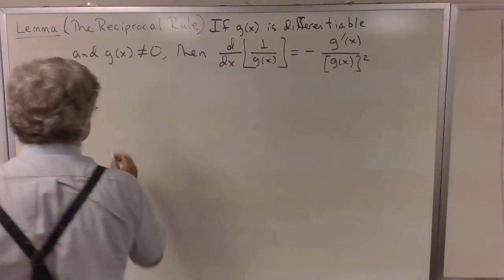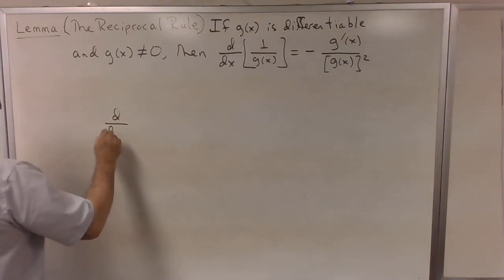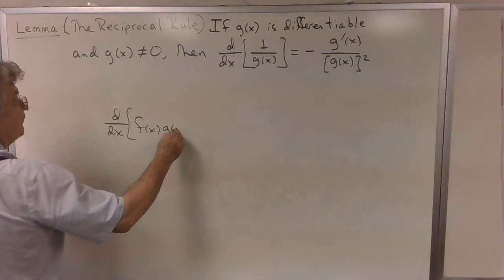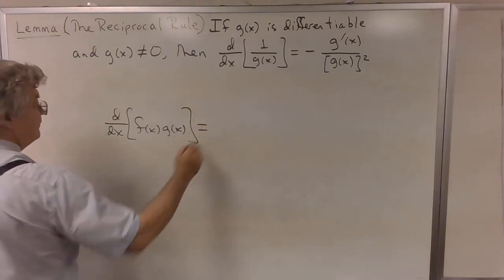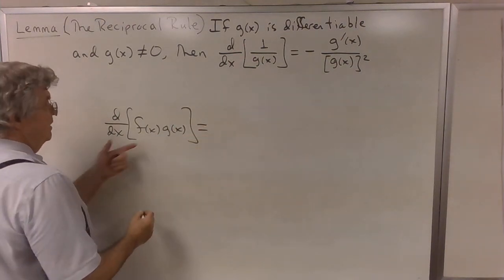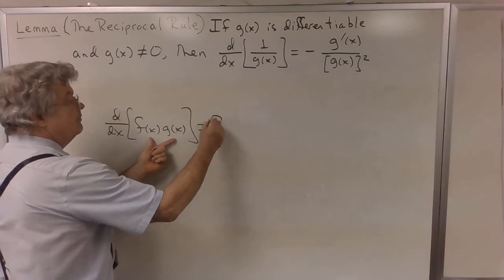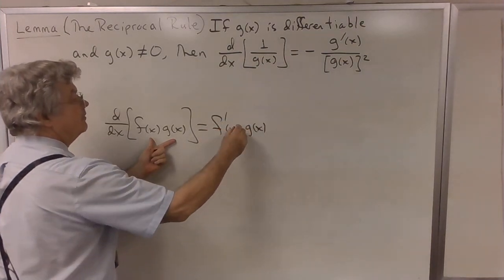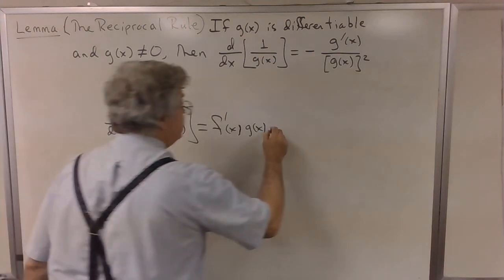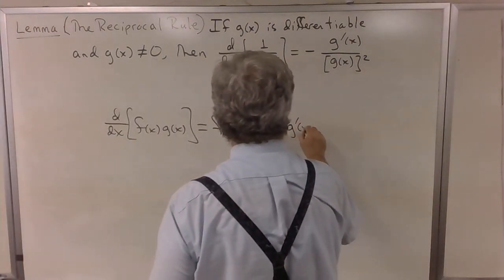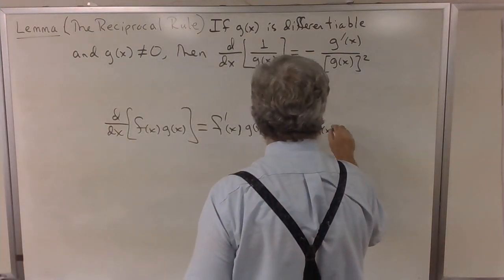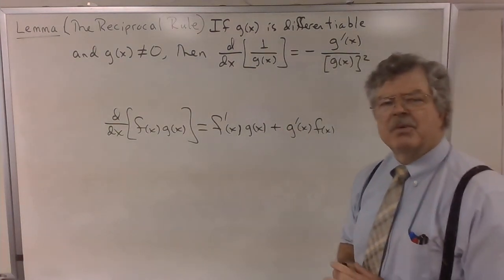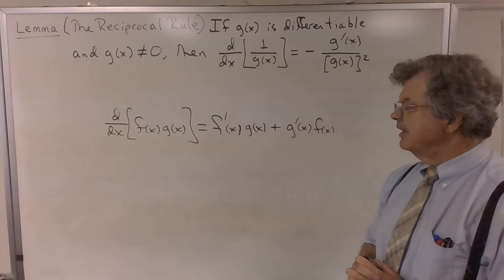Just a heads up: we'll use this form of the product rule, first prime times second plus second prime times the first, primarily because I don't really remember what form I taught you last time.